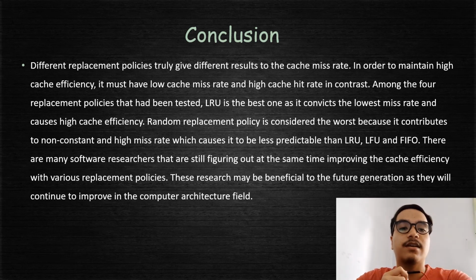Among the 4 replacement policies that had been tested, LRU is the best one as it conveys the lowest miss rate and causes high cache efficiency. Random replacement policy is considered the worst because it contributes to a non-constant and high miss rate, which causes it to be less predictable than LRU, LFU, and FIFO.